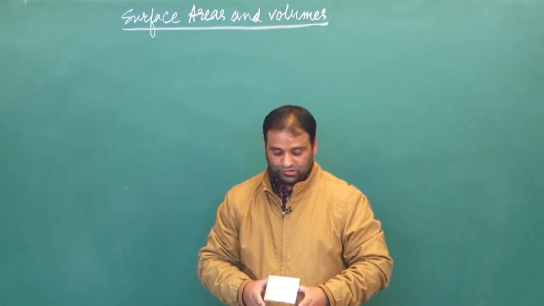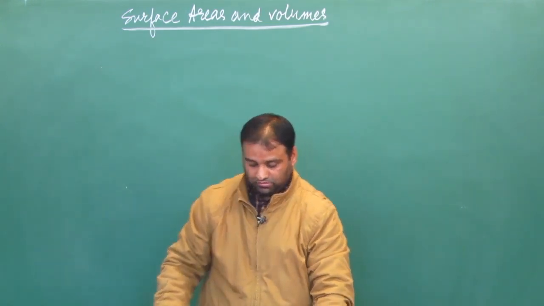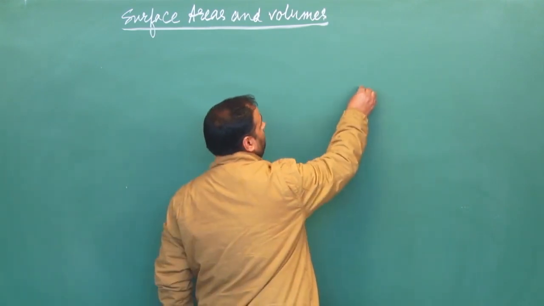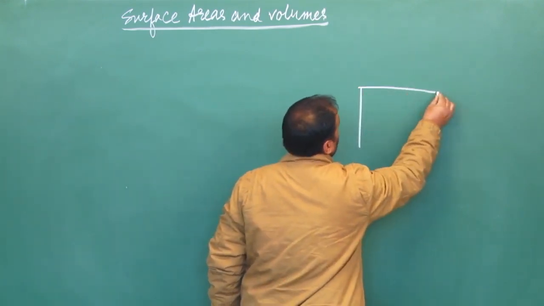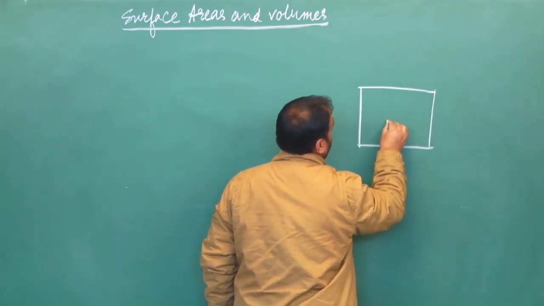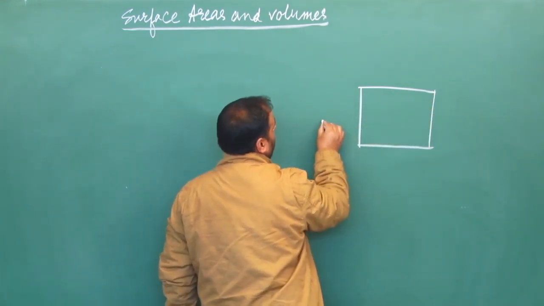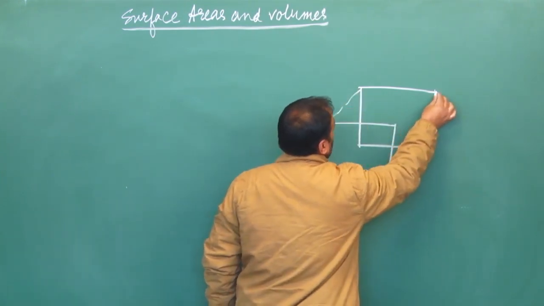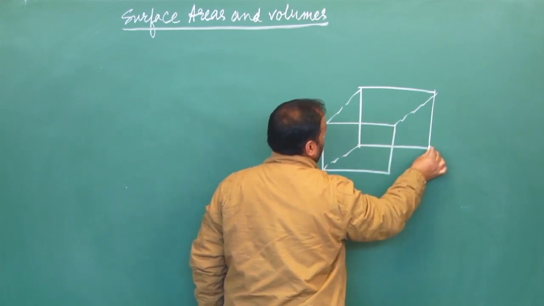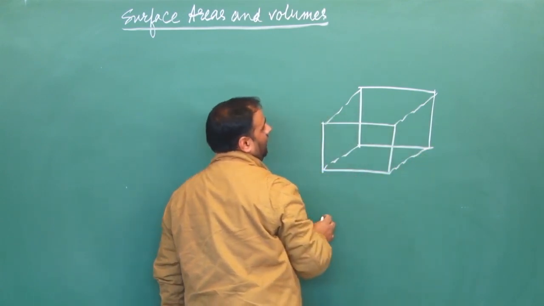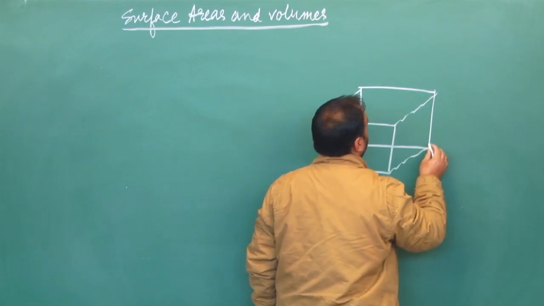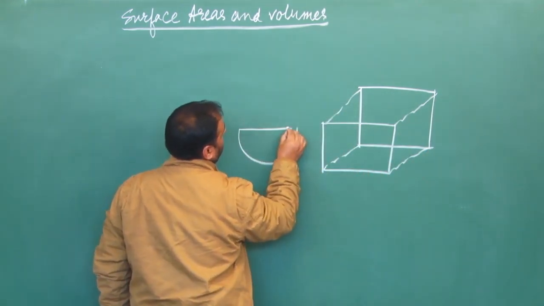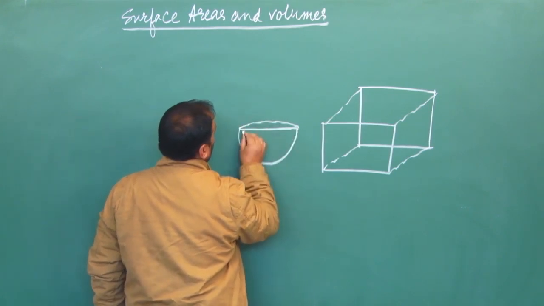Suppose we take a cube or a cuboid, and while drawing this on the board, we see that for a cuboid we have rectangular surfaces, and for a sphere or hemisphere we need to draw a half circle with the top circular base.